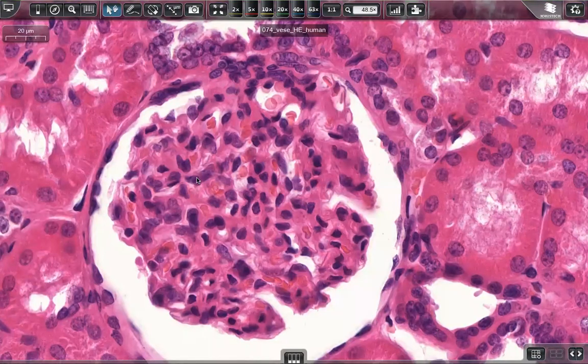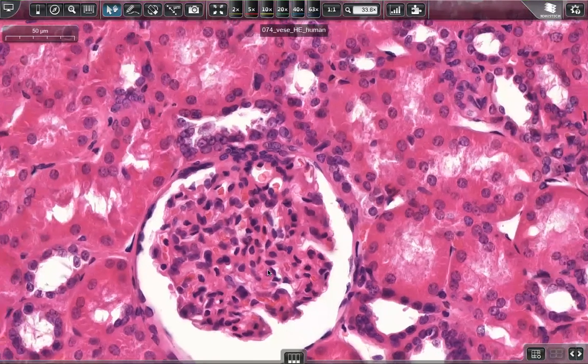The nuclei of these lilac structures belong to the podocytes, having these foot processes, letting the ultrafiltrate into the cavity of Bowman's capsule. And that area where the afferent and efferent arterioles are entering and leaving the glomerulus is called the vascular pole. This is the vascular pole, and the opposite side is called the urinary pole.